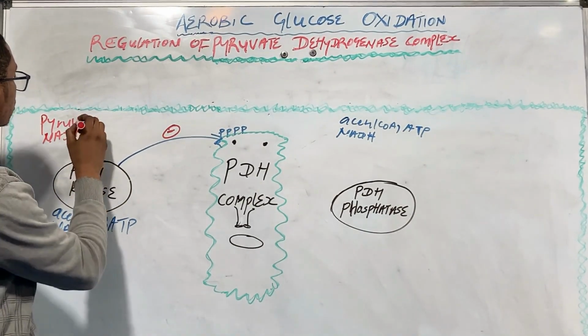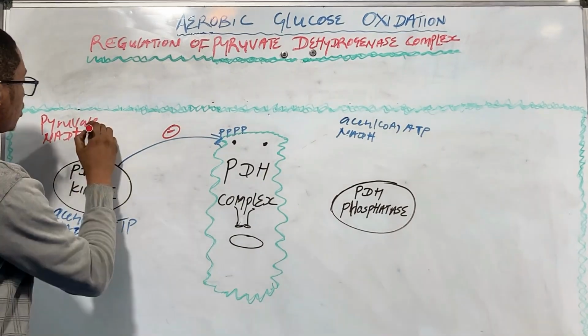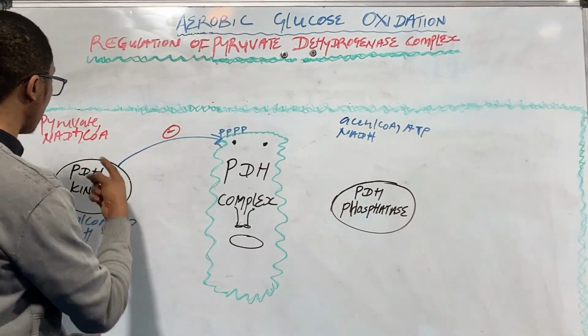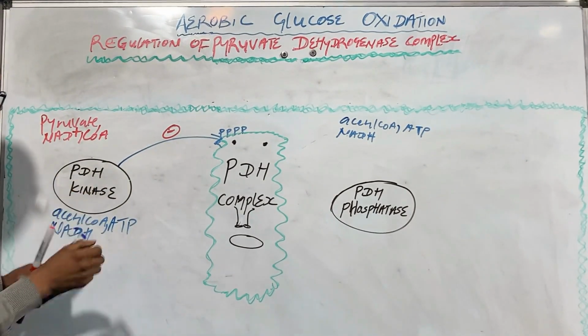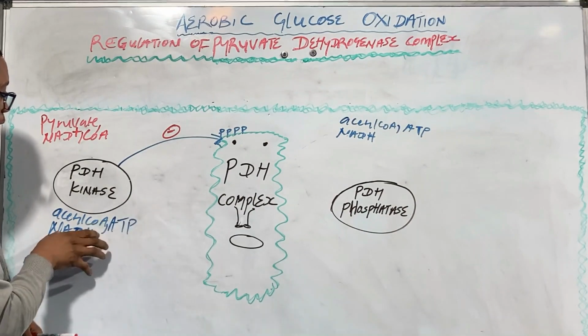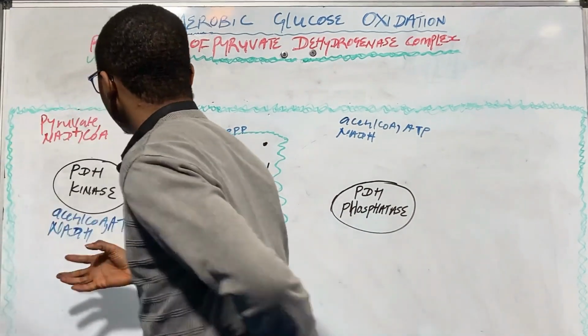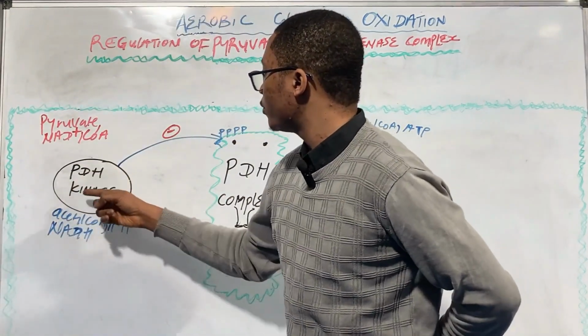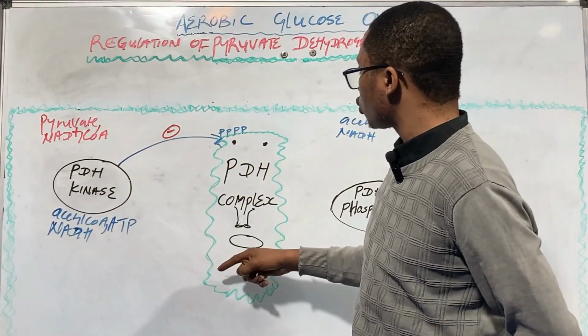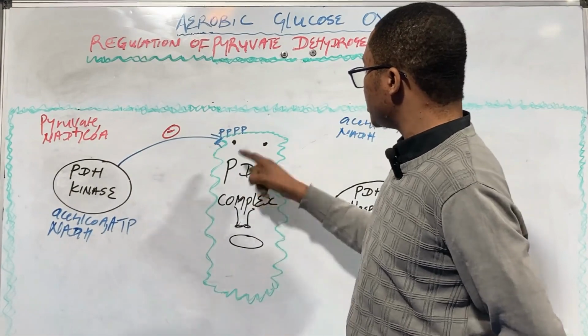And this kinase is also inhibited by CoA. So these are the inhibitors and the stimulators of pyruvate dehydrogenase kinase. Acetyl-CoA, ATP, and NADH stimulate this kinase to phosphorylate the pyruvate dehydrogenase complex, thereby deactivating it.